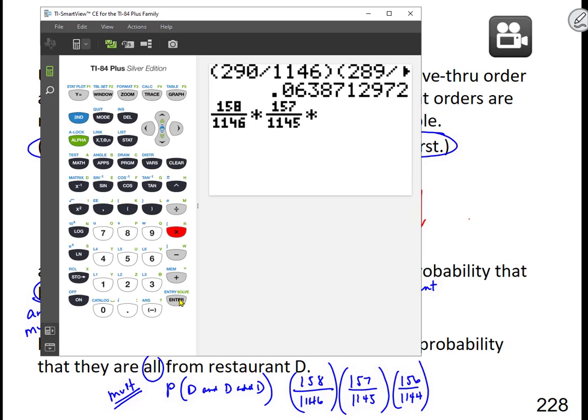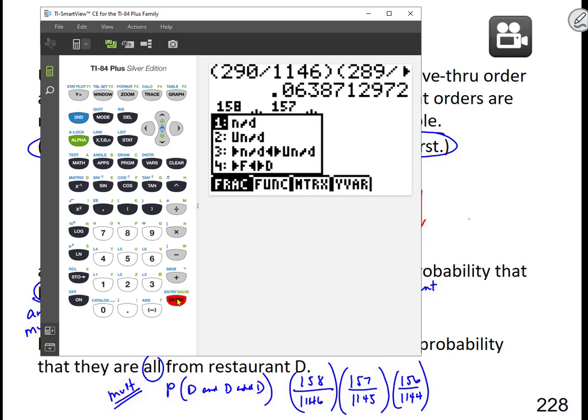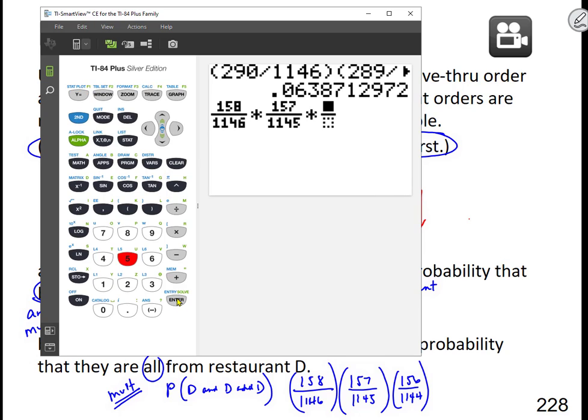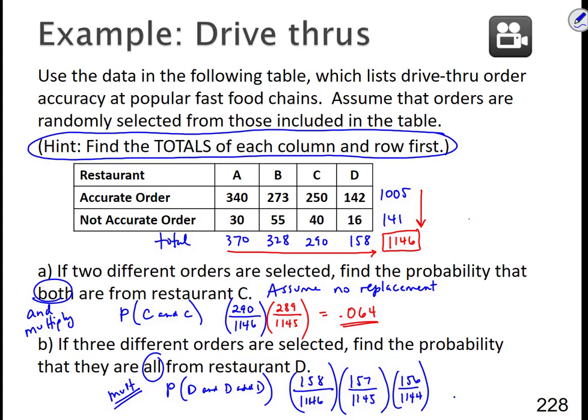Again, make sure that you get back to the middle cursor so that you're not just writing in the top or the bottom. And then 156 over 1144, and we get our answer. Again, if we're going to round to 3 decimal places, that would give us 0.003, and we're done.